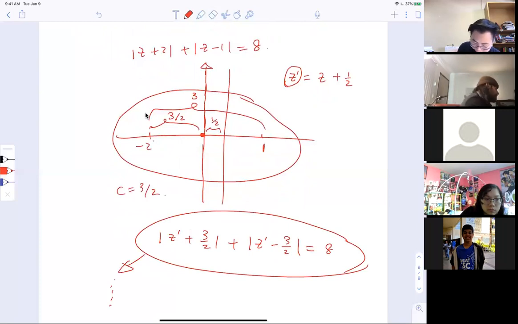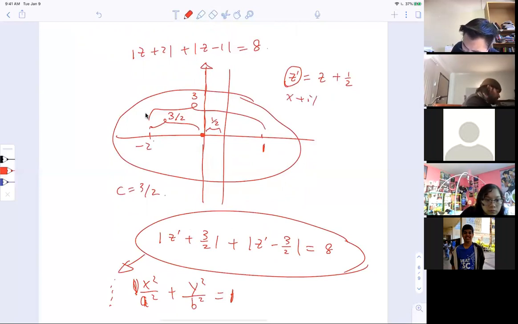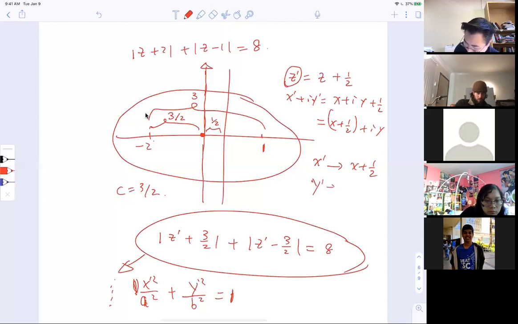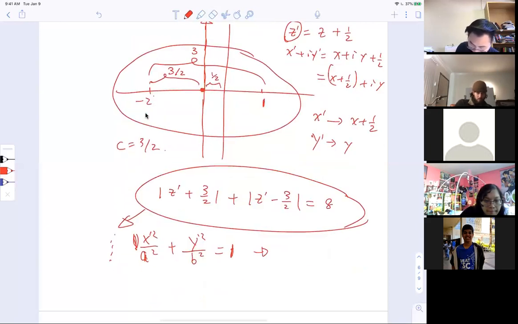Once you write down x squared over a squared plus y squared over b squared equal to 1, then x' plus iy' equals x plus iy plus 1/2. So we just need to replace x' with x plus 1/2, and y' with y.